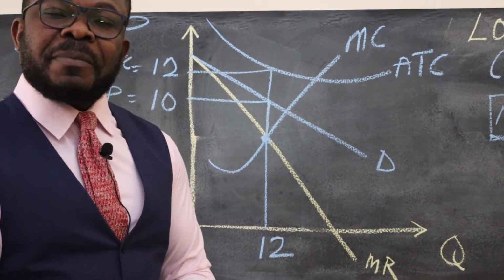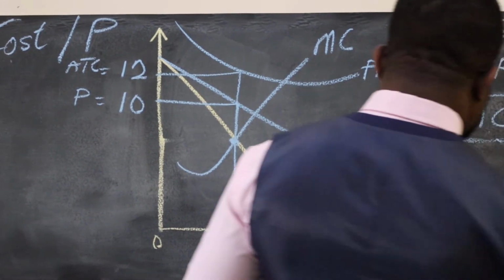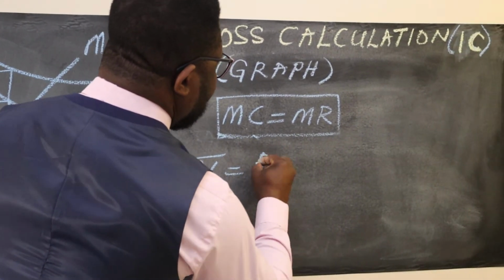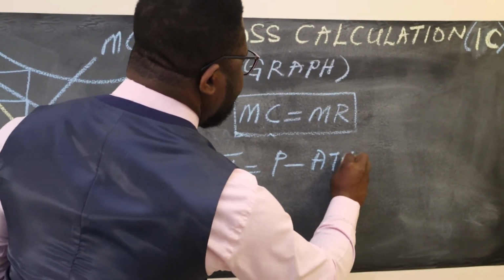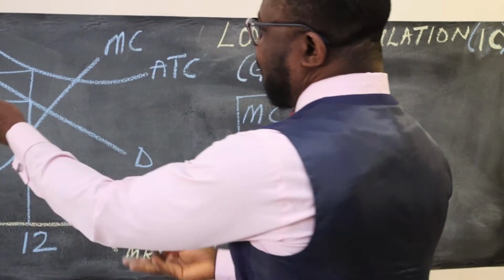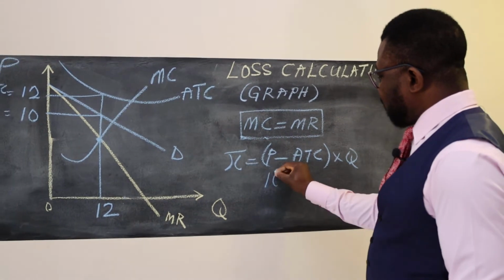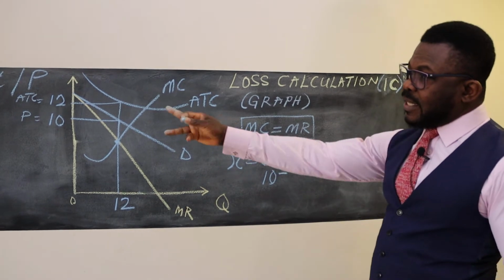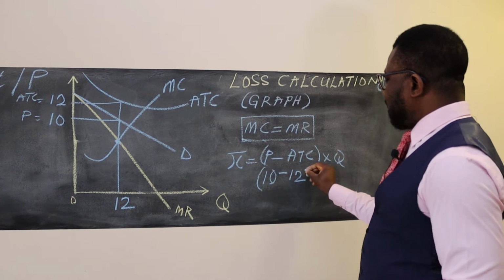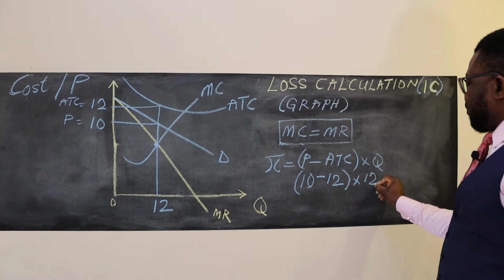Let's put those numbers into the formula. Remember, profit equals price minus ATC times the quantity. We have all the values. The price is 10, our ATC is 12, and the quantity is 12.